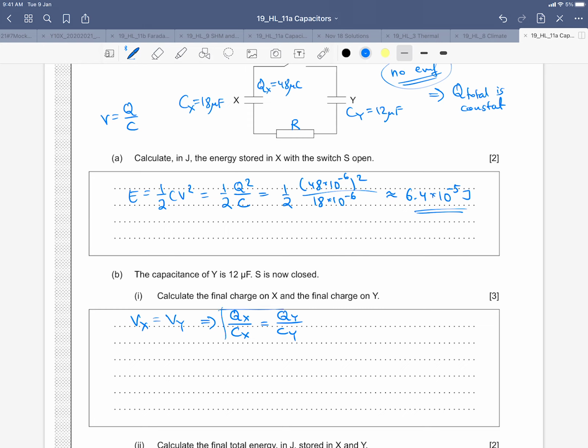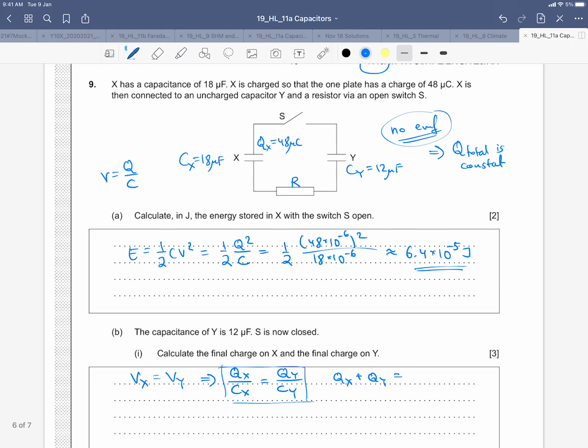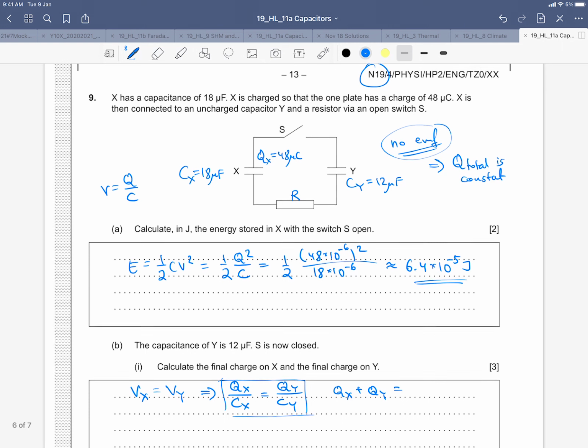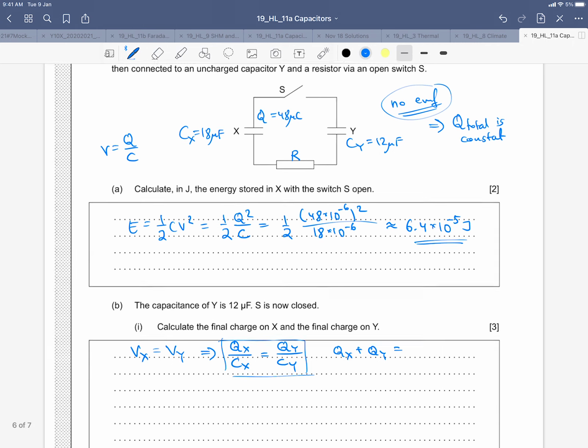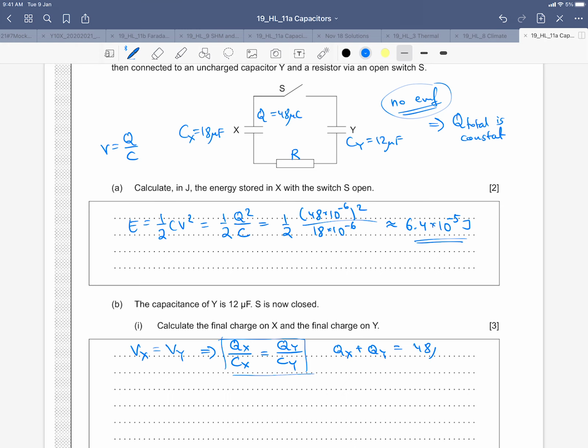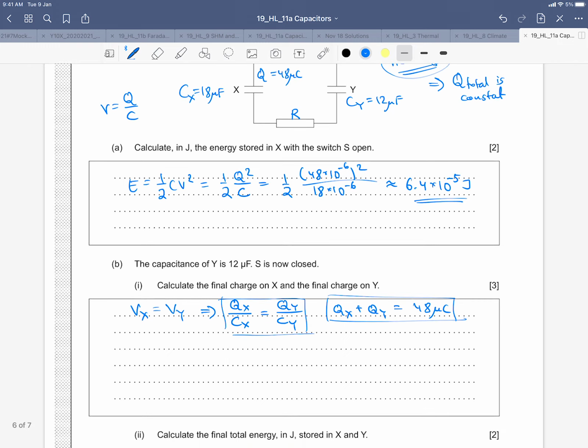Okay, so that's one equation with two unknowns, but we also know that no charge has been lost, so the sum of those two charges is the original charge, the 48. Let me just call this one up here Q now, because I have another QX down here. So Q is 48 microcoulombs, so they add up to 48 microcoulombs. So two equations with two unknowns.